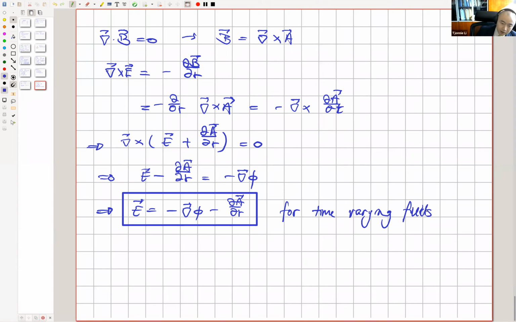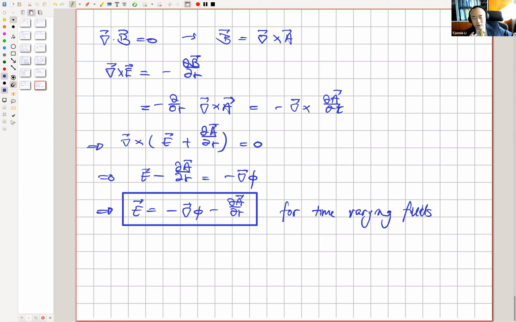Now remember, many lectures ago, we also ended up deriving a set of equations for the potentials.